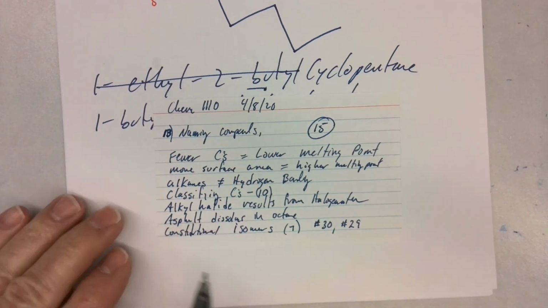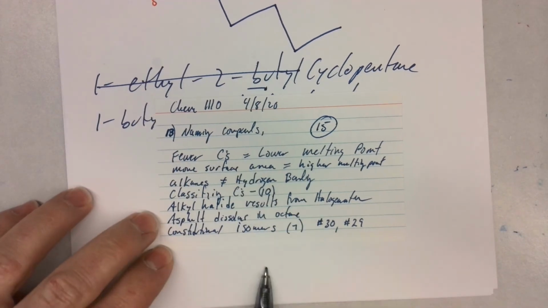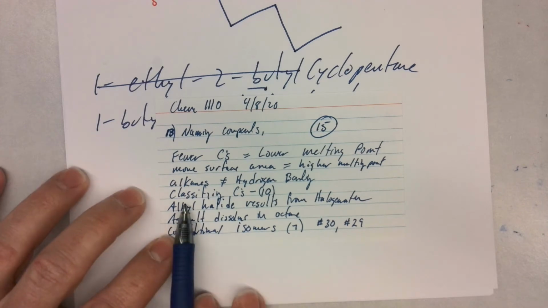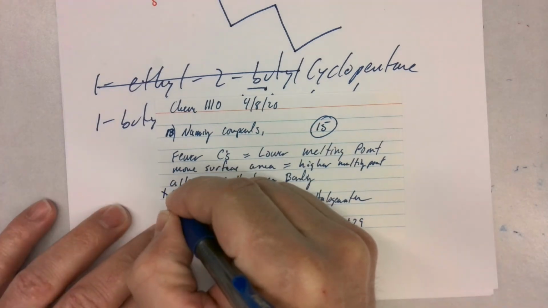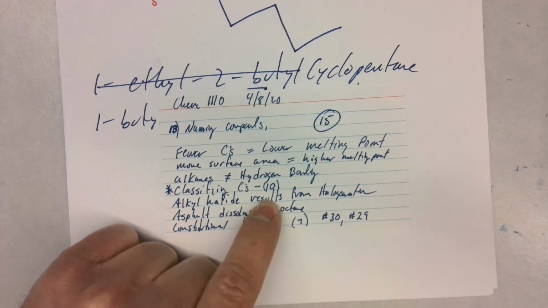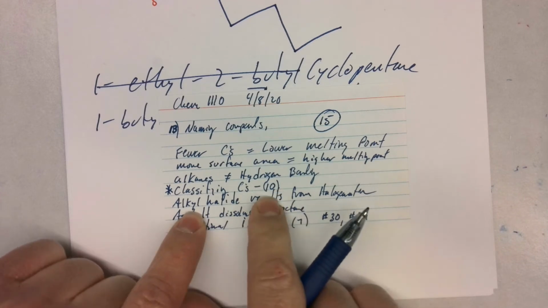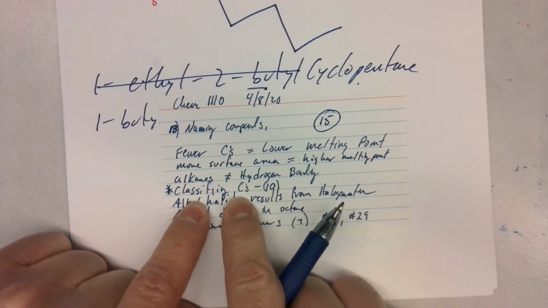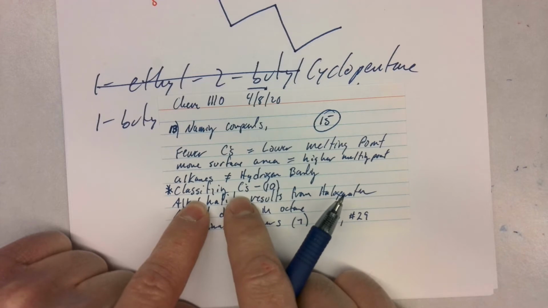And then I've got just some notes here that we're going to go over. This one is one that, I'm going to be honest, makes me think you should get 20% of the test automatic. Because there are 10 questions that are about classifying C's, meaning primary, secondary, tertiary, or quaternary.